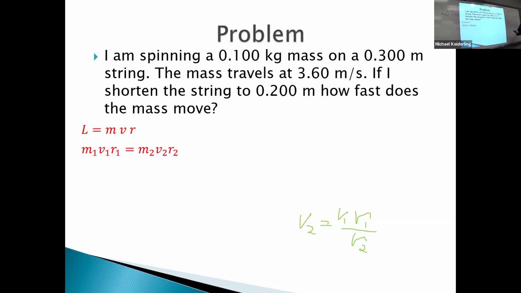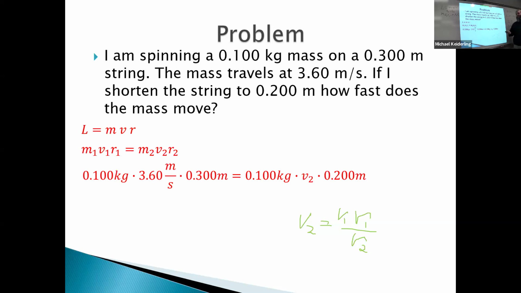So mass one times velocity one times radius one equals mass two times velocity two times radius two. But the mass isn't changing. Both of the masses are the same mass, so the 1.1 kilograms will cancel out. And you get 3.6 meters per second times 0.3 divided by 0.2.